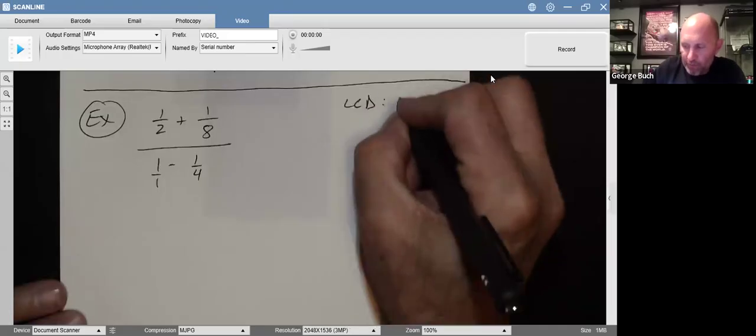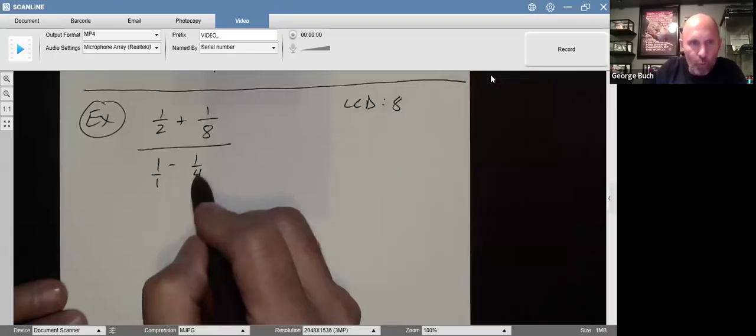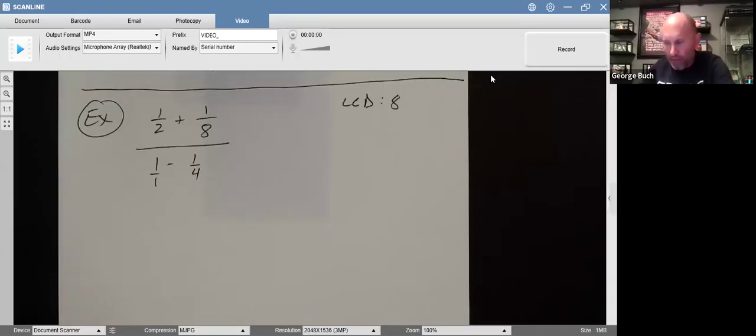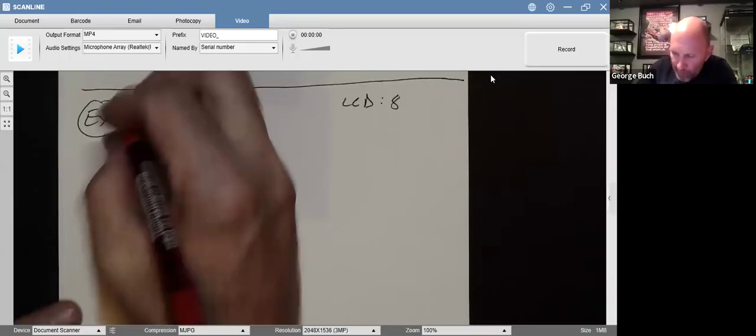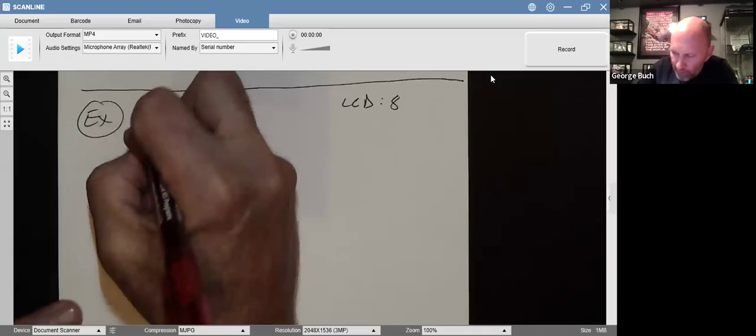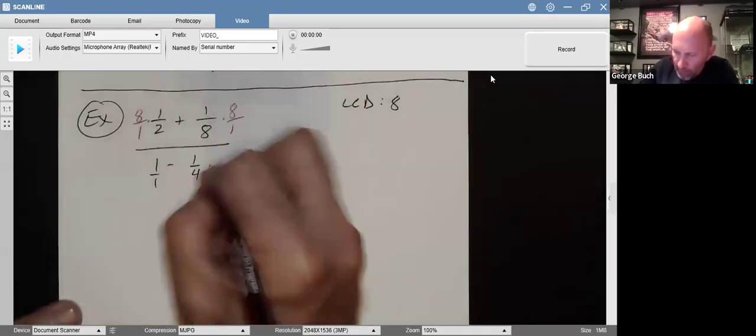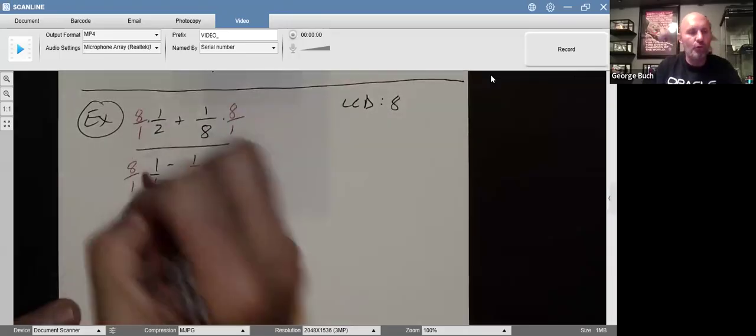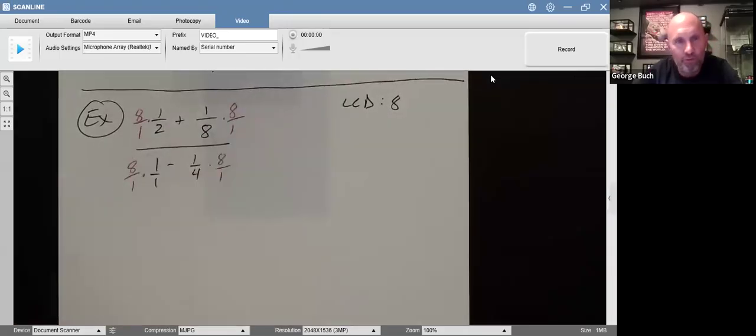So 8 goes into 8, 4 goes into 8, 2 goes into 8, 1 goes into 8. So I am now going to multiply every single term by 8, or if you want to write it as 8/1, that's fine, which may be a good idea so that when we start getting into polynomials within the compound fraction, you can keep track of what's happening.